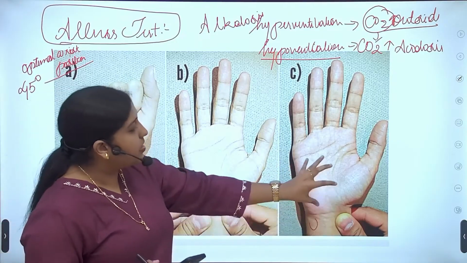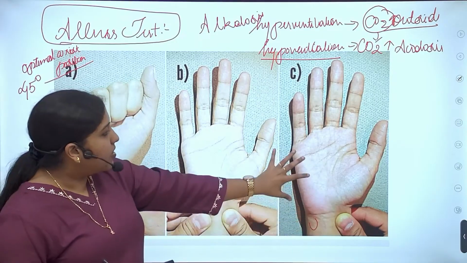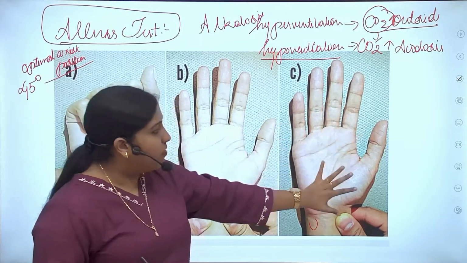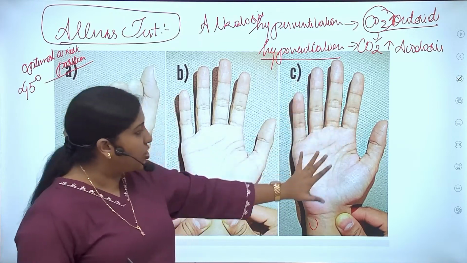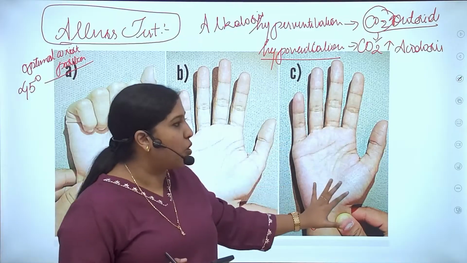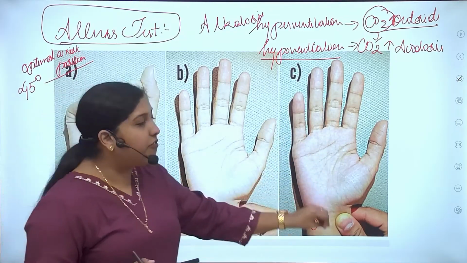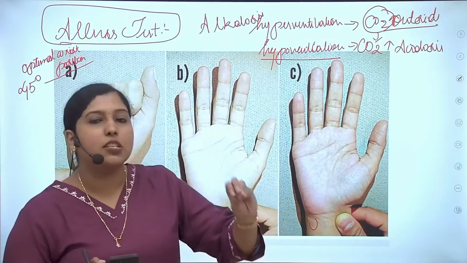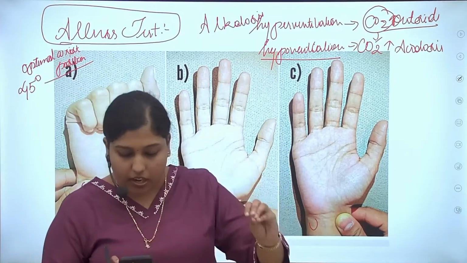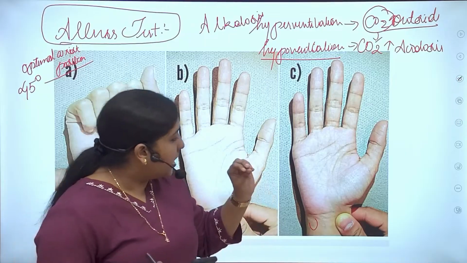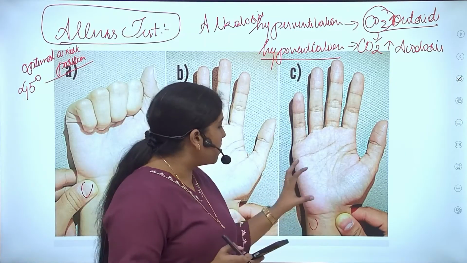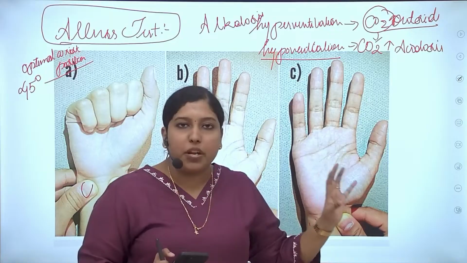Once you release the ulnar artery, when there is proper redness, meaning the collateral circulation is established properly, you come to the conclusion that even if some thrombus or occlusion happens because of the procedure in the radial artery, the ulnar circulation is very much prominent and proper.